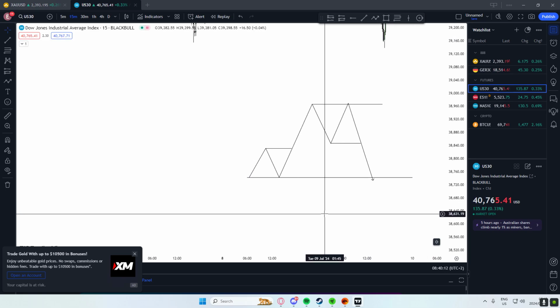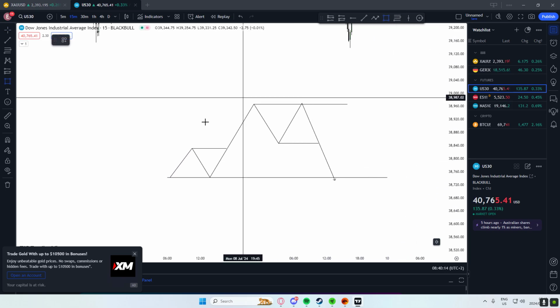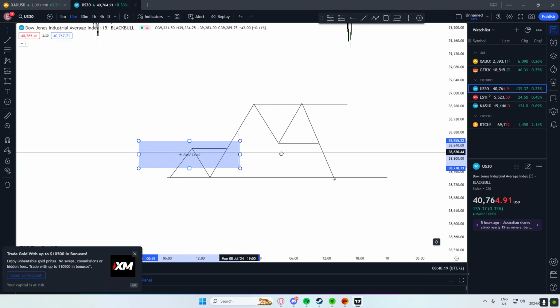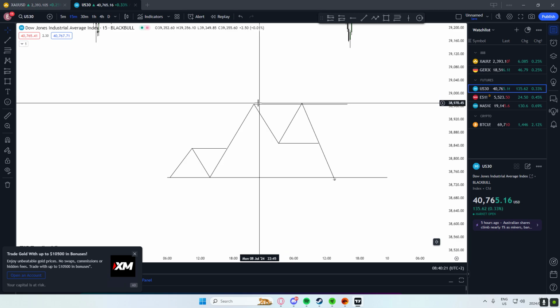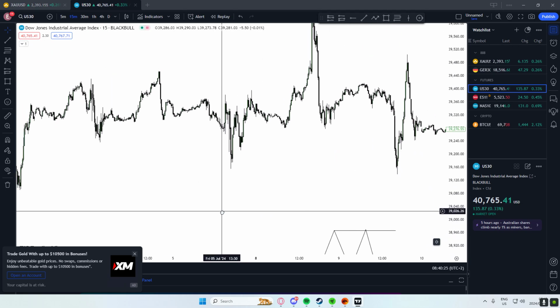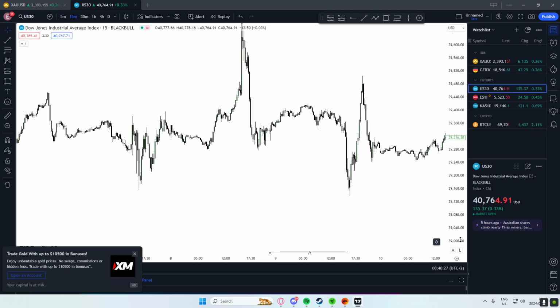Internal will be within this range of the market, on the inside of this range. External will be the highest high and the lowest low within the range. Let me give you an example on the charts.